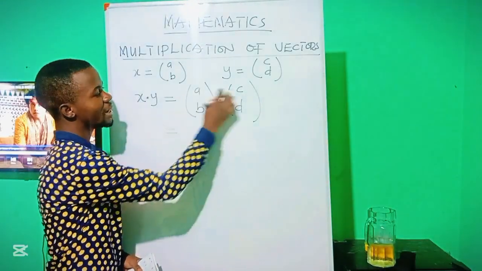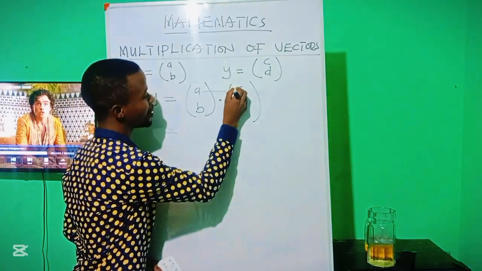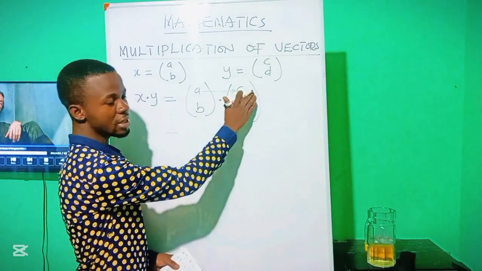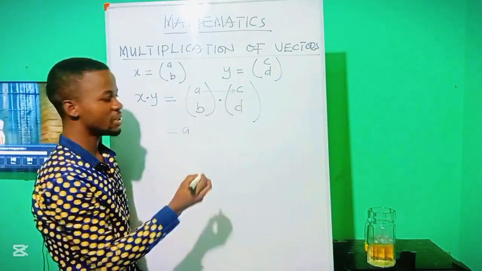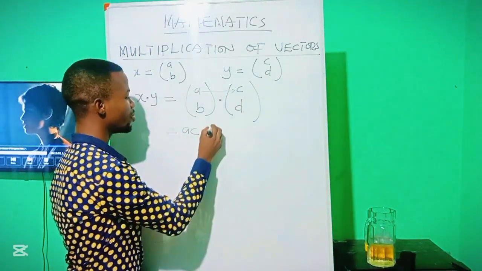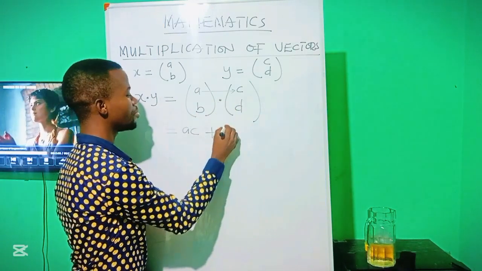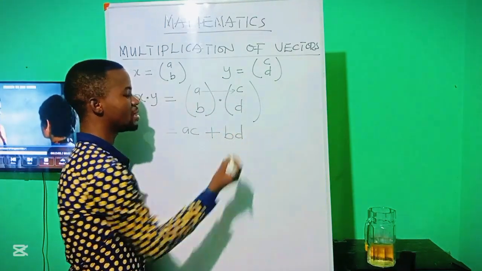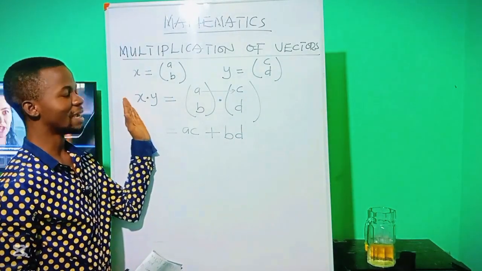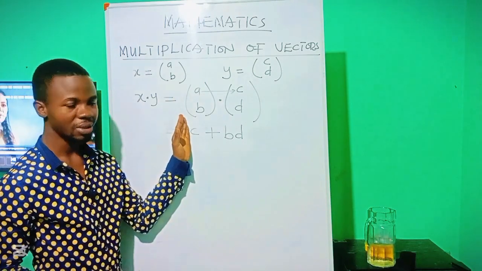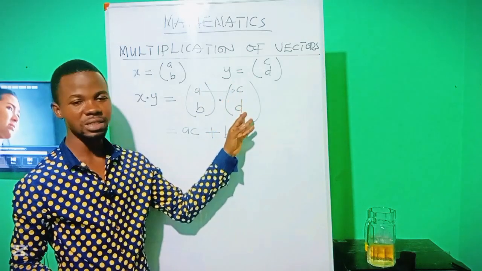We multiply the two x components, which means that a will multiply c. When a is multiplied by c, we get ac. Then bring addition sign, b times d. b times d will give us bd.